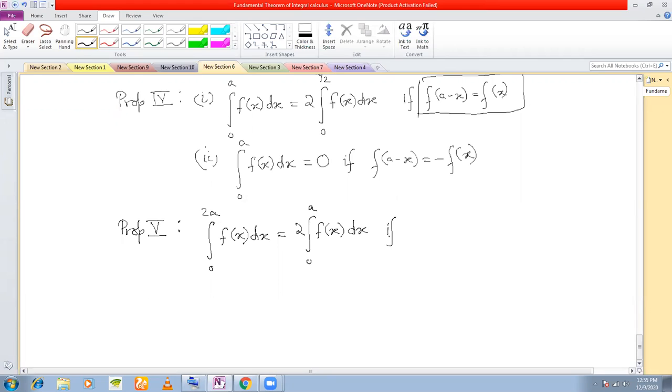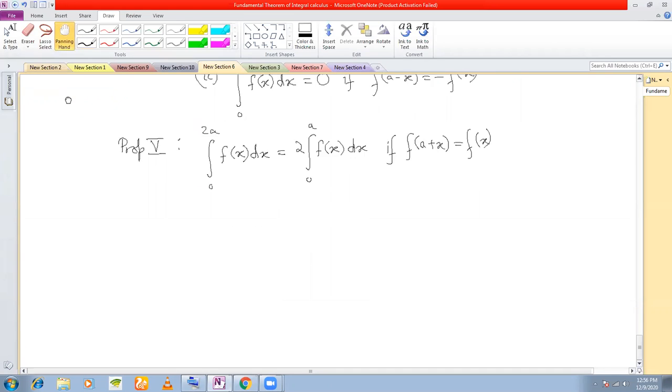Again, this happens only if f a plus x is equal to fx. Okay, the property should be by heart. Now, although for property 4 and property 5 you will come across very few sums, still you need to remember these properties.